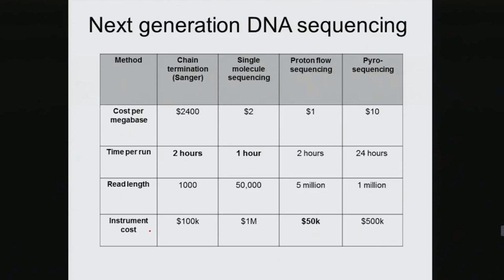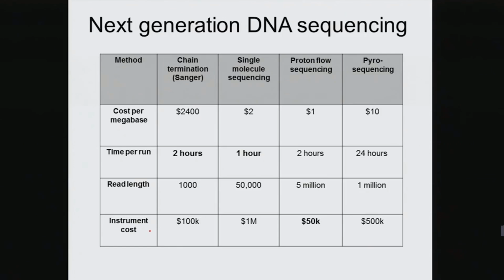Okay, some things to consider when you're in the lab and you want to sequence a particular DNA sample. Again, cost per megabase. You can see how the cost has come down over the years, depending on the new techniques. And we're going to look at each of these individual techniques separately. So we've got single molecule sequencing, protein flow, and pure sequencing. Time. Time is of the essence.